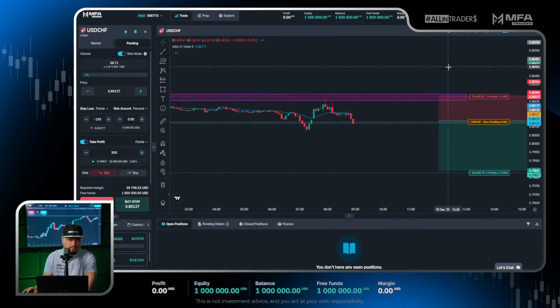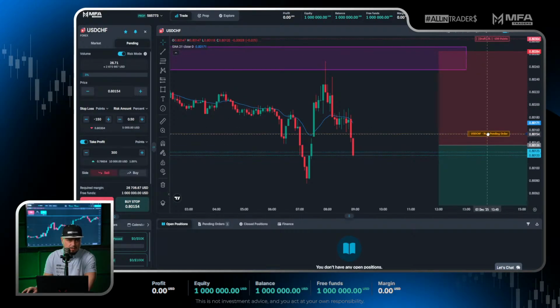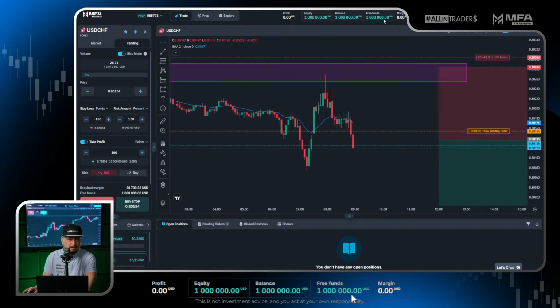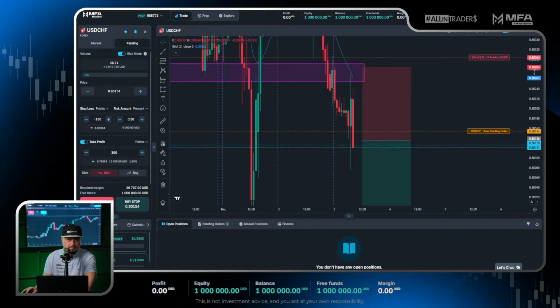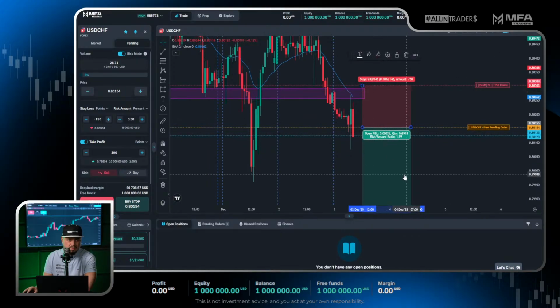Let's go to 5 minutes time frame. Over here. So we're going to have better risk to reward ratio. Okay. All right. Our stop loss will be higher.